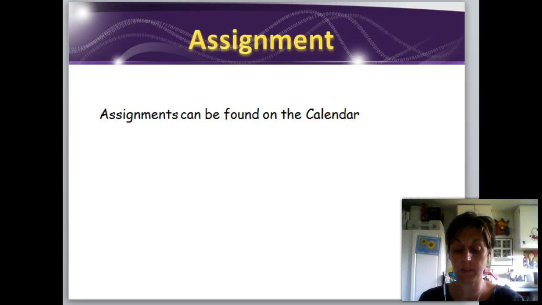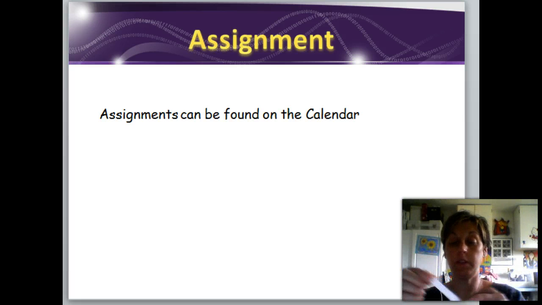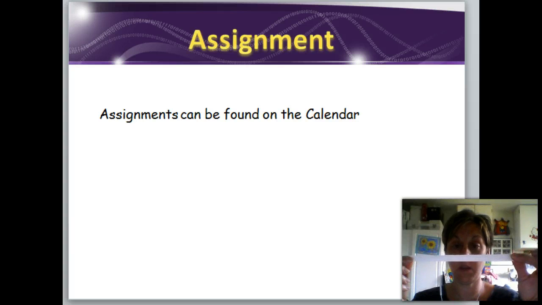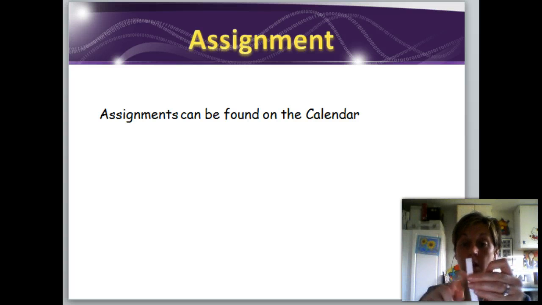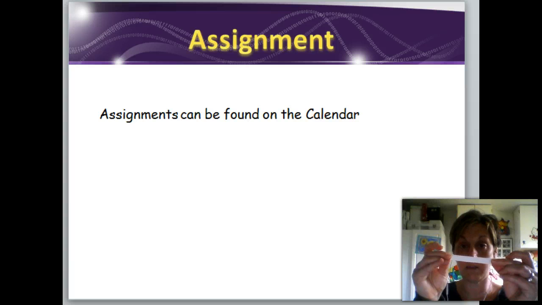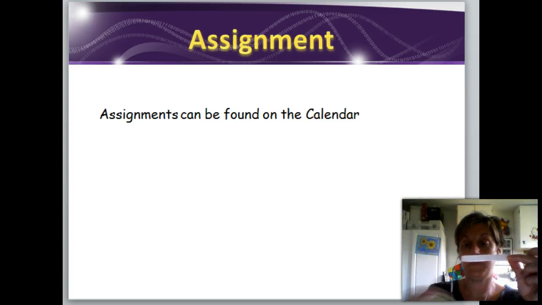Now my strip of paper is a little bit smaller, and I didn't cut it to the exact width, but you need to. And when they talk about cutting it in half, they're not talking about cutting in half the long way, they're talking about cutting it in half this way. So you're going to fold it in half like this, and then you will cut it.